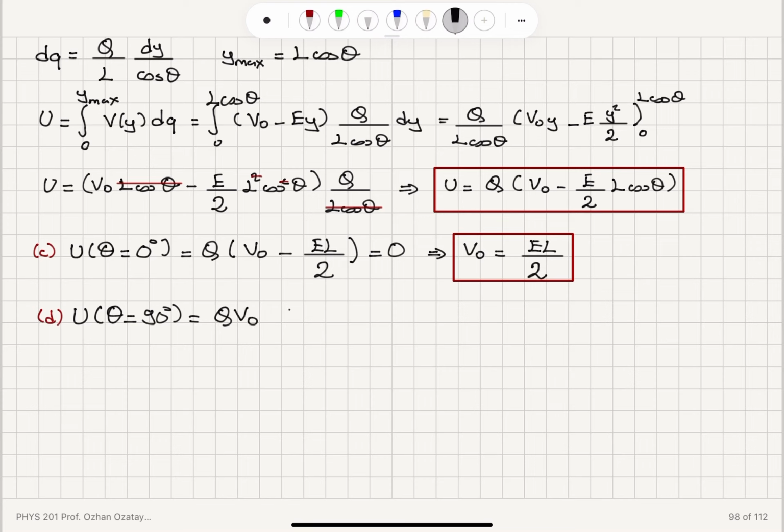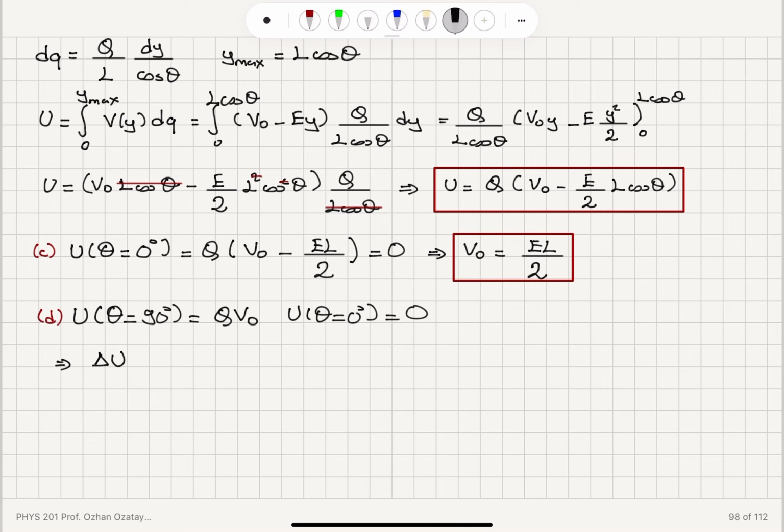And the potential energy at theta equal to 0 degrees is 0. That's what I made sure of in part C of the problem. Now, as the bar rotates, the potential energy will turn into kinetic energy.